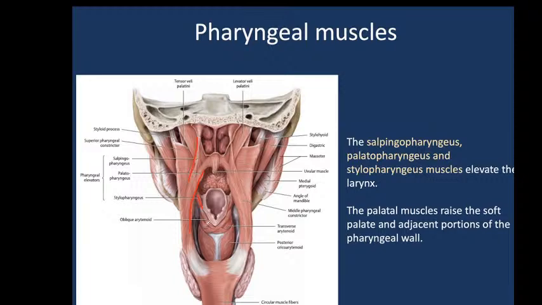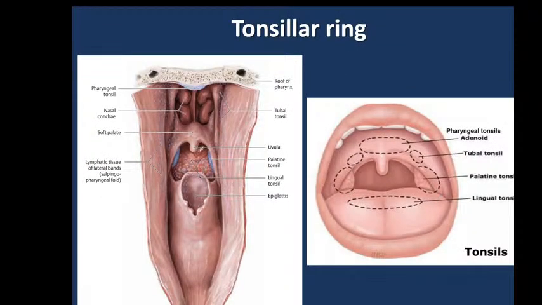All of those muscles elevate the pharynx up and help in the process of swallowing.